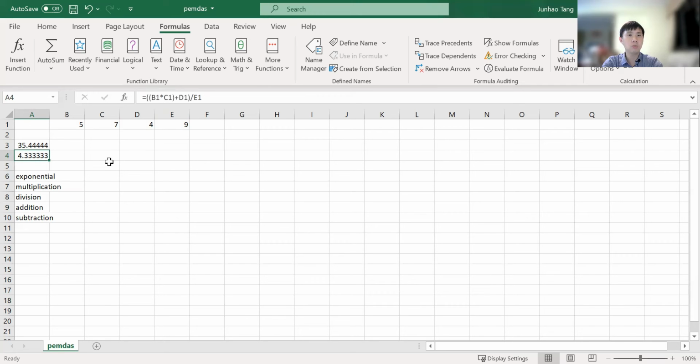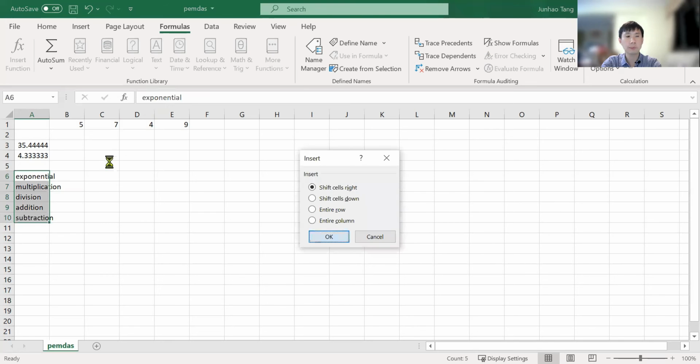So in order to remember what to do during the formula, take note of the order of operations.